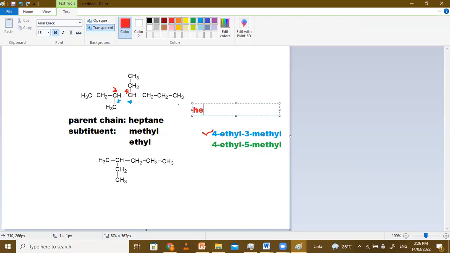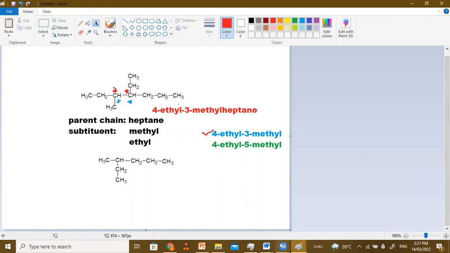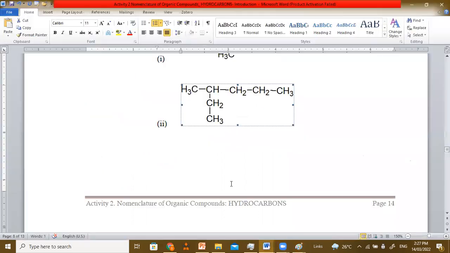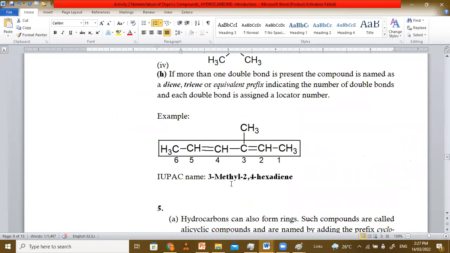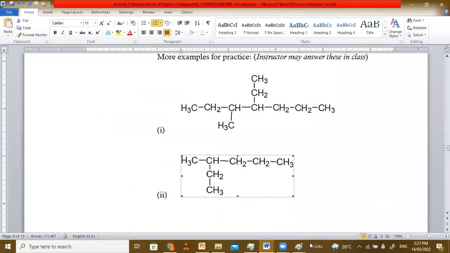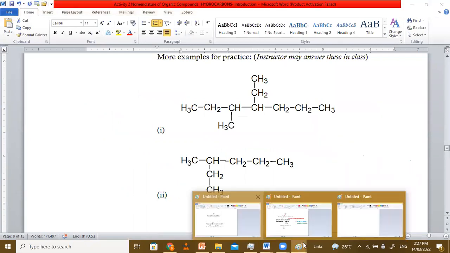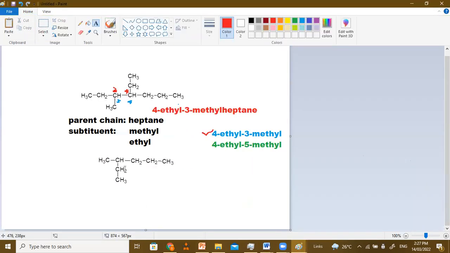First name the parent chain, heptane, and before heptane is our substituents, 4-ethyl 3-methyl heptane. No space. That is how we name this one. So the name for this is 4-ethyl 3-methyl heptane.